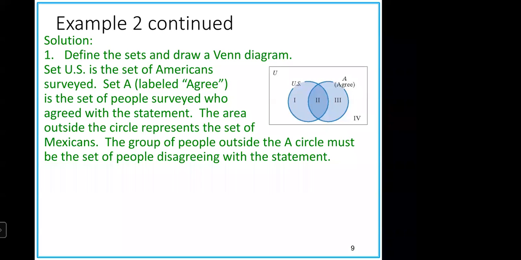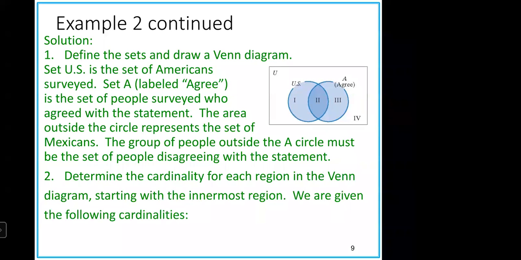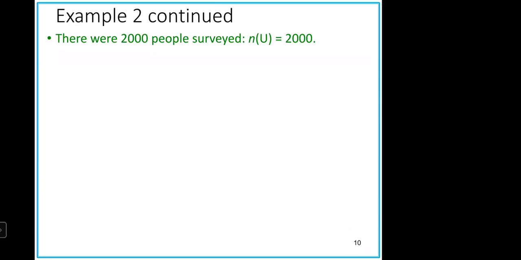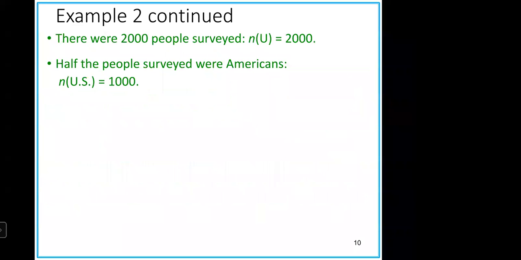So we move on then. It says you determine the cardinality of each region in the Venn diagram, starting with the innermost region. And so based on the way the question is worded, it says there were 2,000 people surveyed. So that's the total number. So when you add up everything, you should get 2,000. Then it says half the people surveyed were Americans.